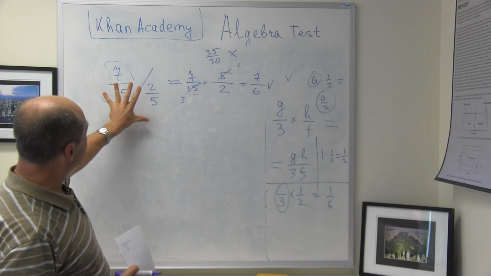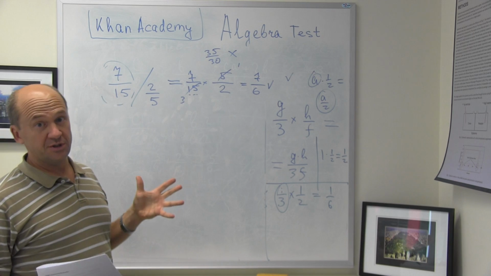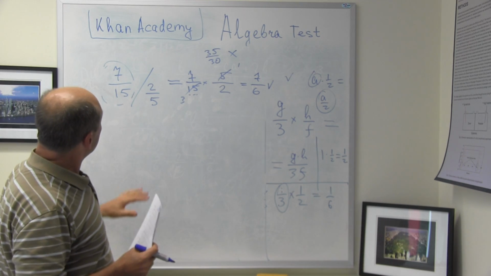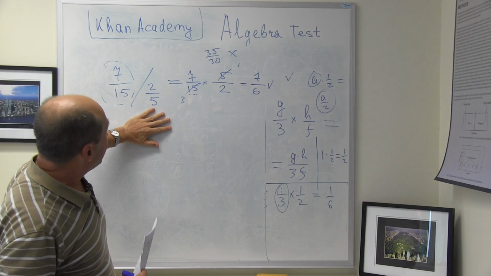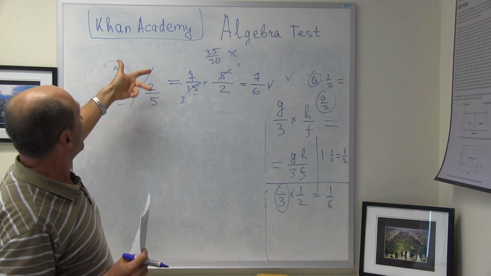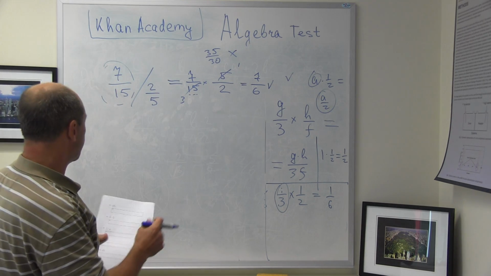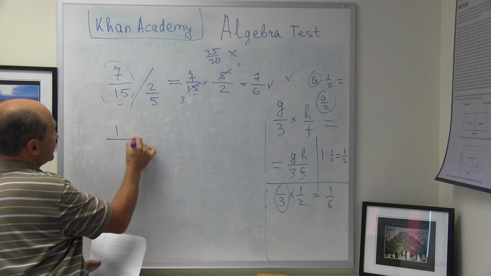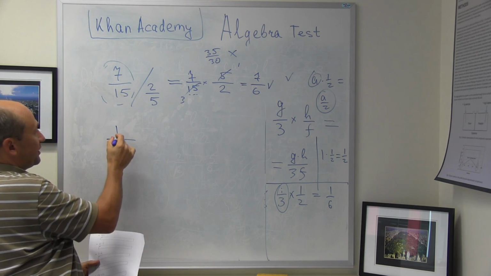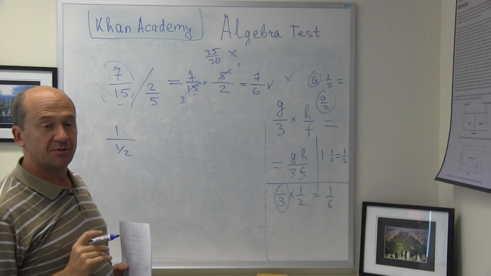Now once again, these rules are potentially a possibility for forgetting what you do, how you handle it. And I suggest you remember this example where you divide 1 by 1/2.